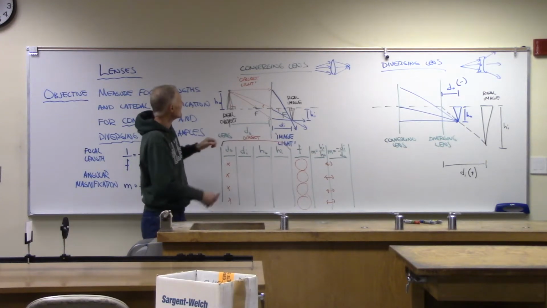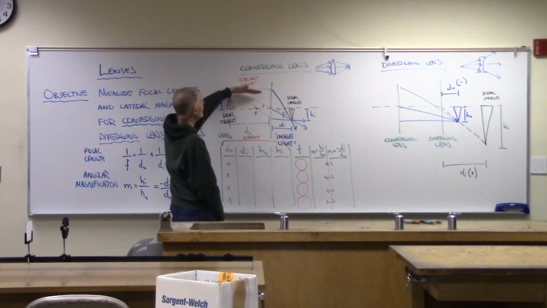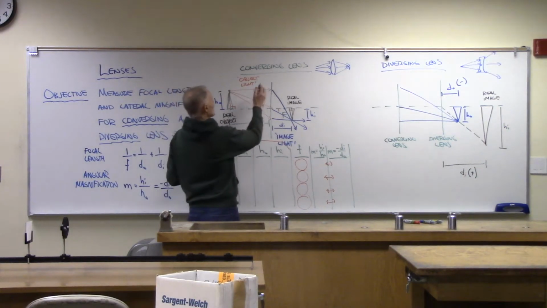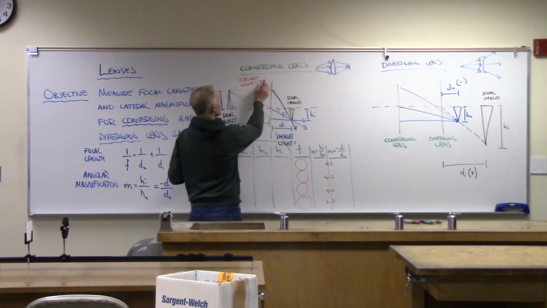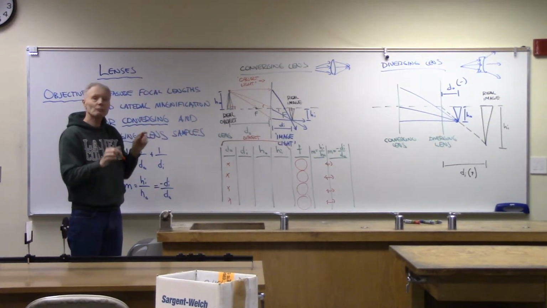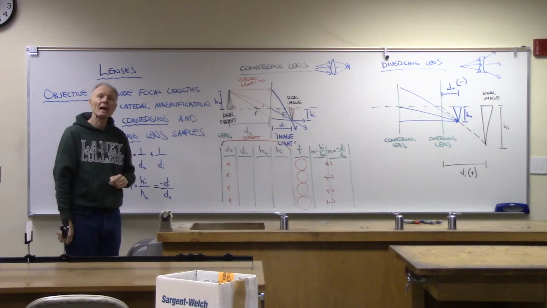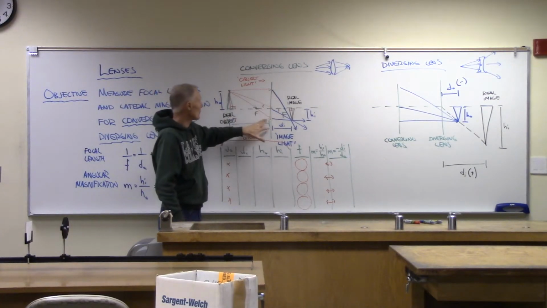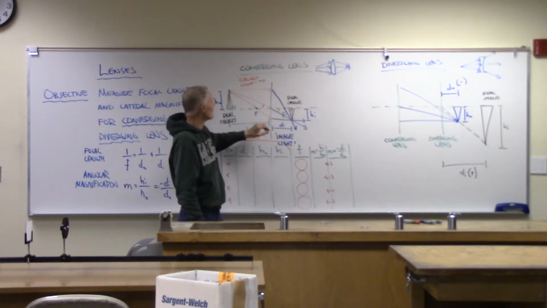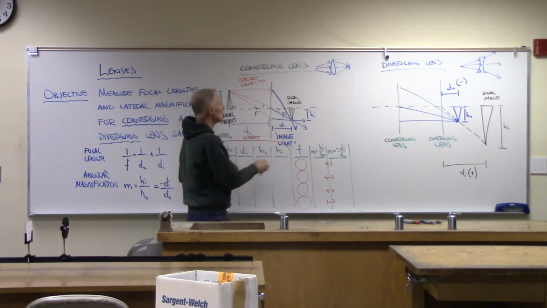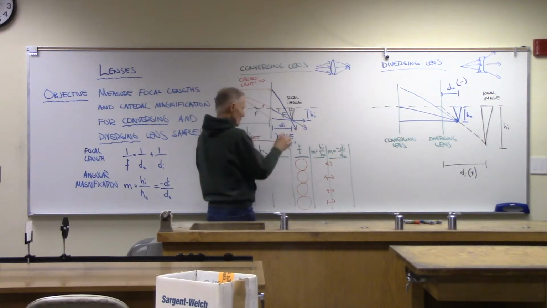And what we see in this case is, if I call these three paths my object light, it's the light headed towards the lens. And in this case, it's a real object, and that object light is spreading out. Now, what happens with this particular setup of my converging lens is the light on the other side, which I'm going to call my image light, consists of these three paths.